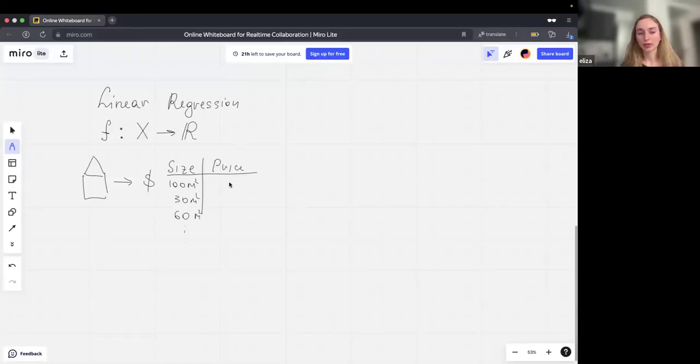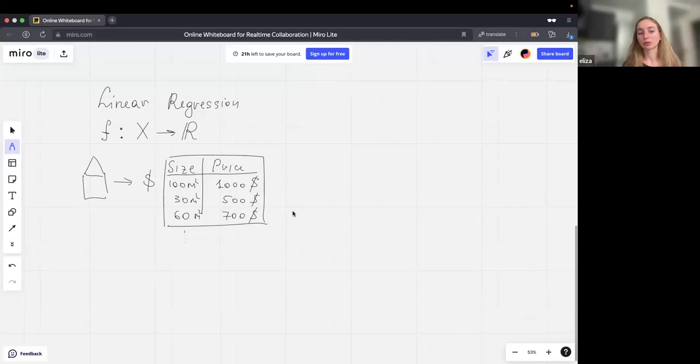And we can write the price, $1,000, and $700. It's your dataset. It's your data where you have features and you have a target for your features.